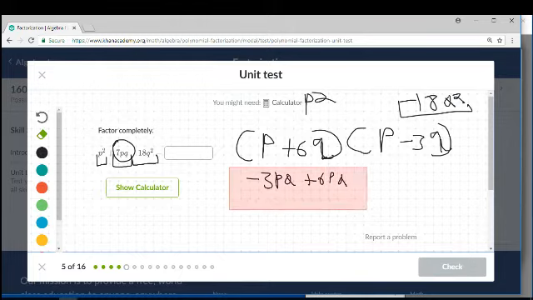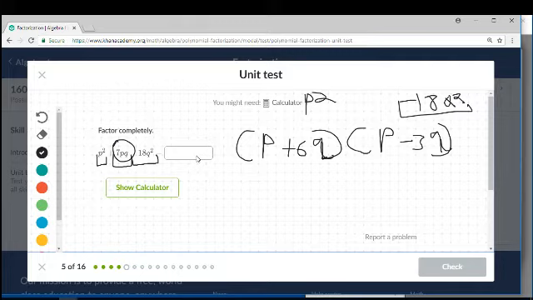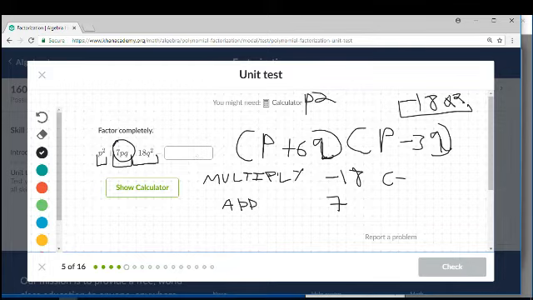But I have a hunch we need to find two numbers that multiply to negative 18 and add to 7. And I think what pops out to me is negative 9 and positive 2.